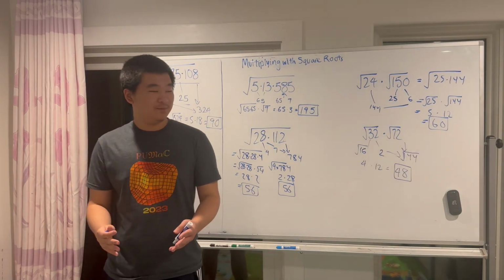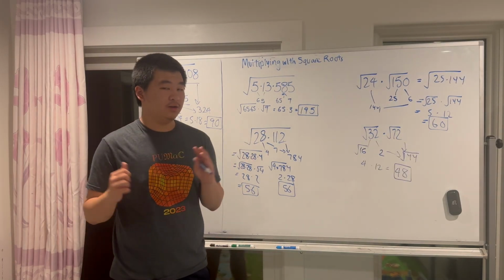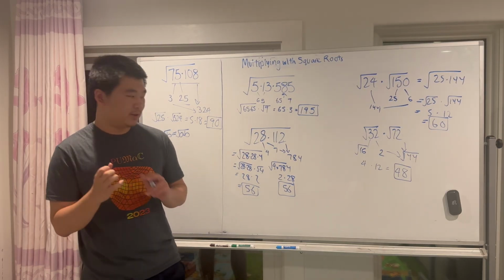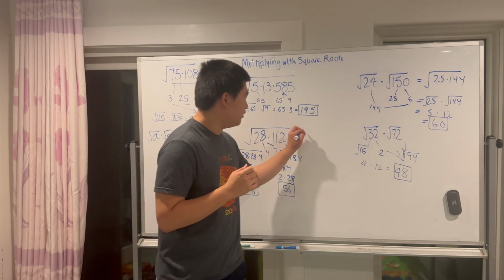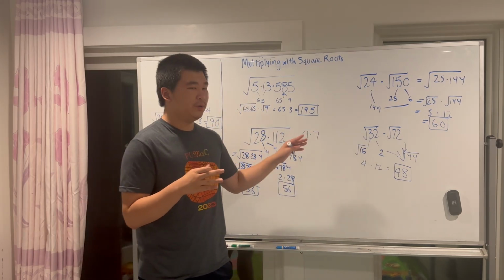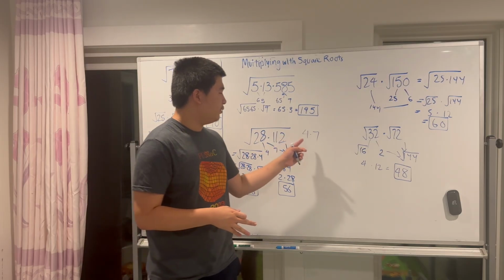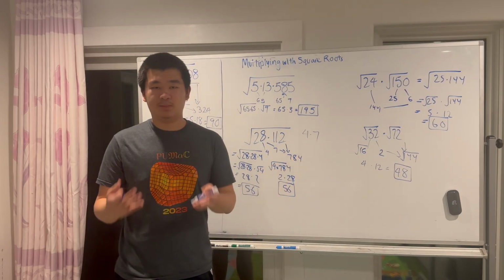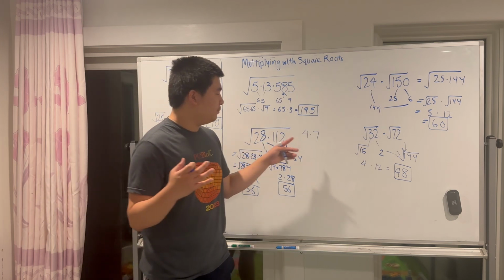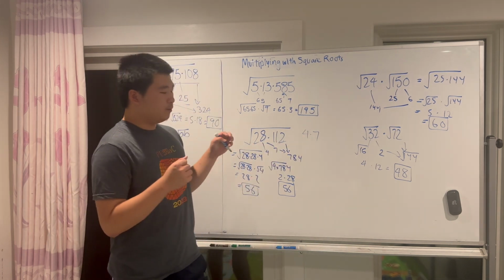And one last method that we can use for this, 28 times 112, is to first proceed as we did in the first method by decomposing 28 into 4 times 7. And now that we know that we have a 4, we can leave that alone. And we know that we have a 7, but 7 isn't a perfect square. So we must have another 7 somewhere in order to make this a perfect square, right? Where does that 7 come from?